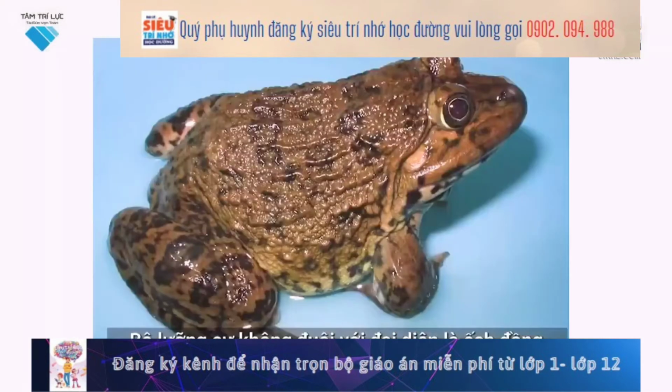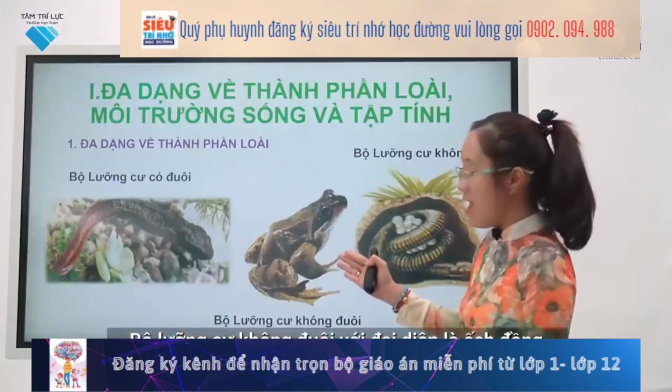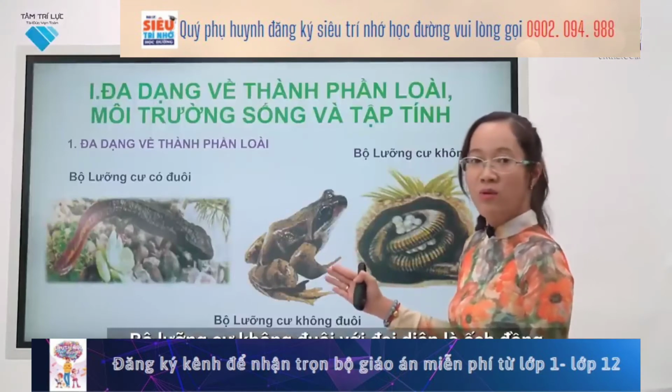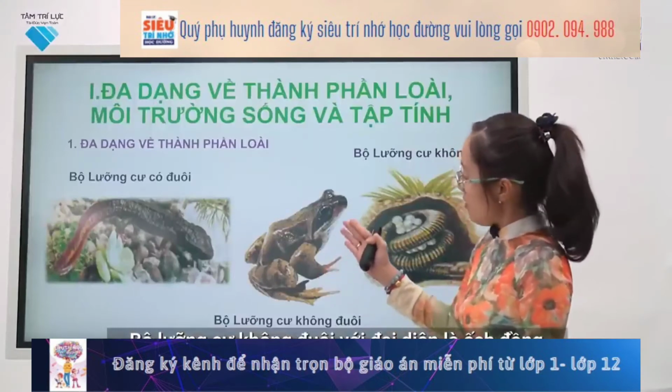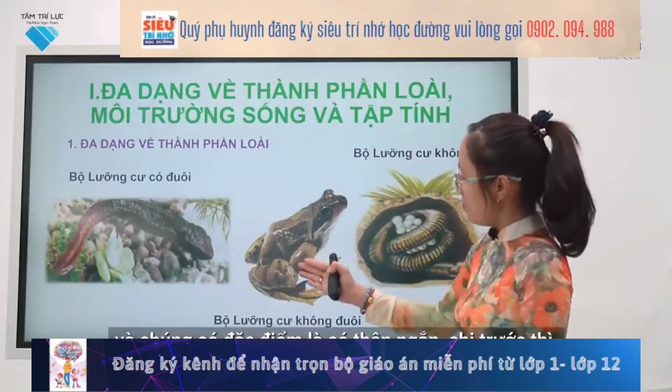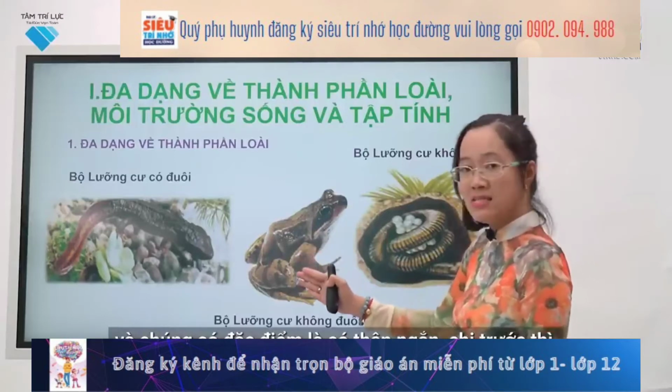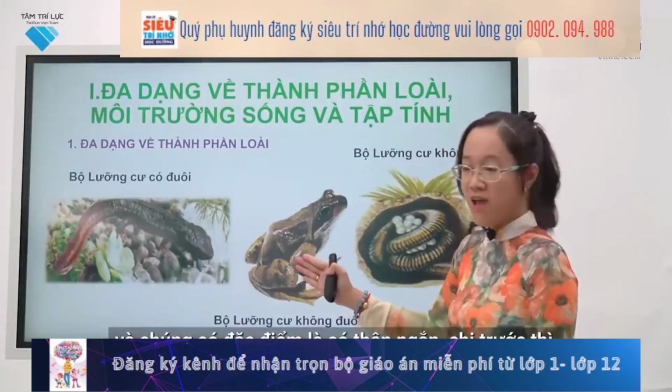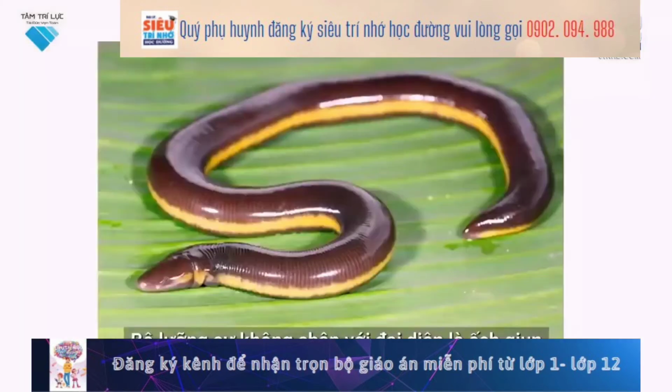The order of tailless amphibians, represented by East Asian bullfrogs, has the largest number of species in the amphibian class, and they are characterized by a short body, shorter forelimbs than hind limbs, and are mainly active at night. Legless amphibians, represented by Ichthyosaurus glutinosus, have body features similar to worms but are larger, without limbs, and are active both day and night.